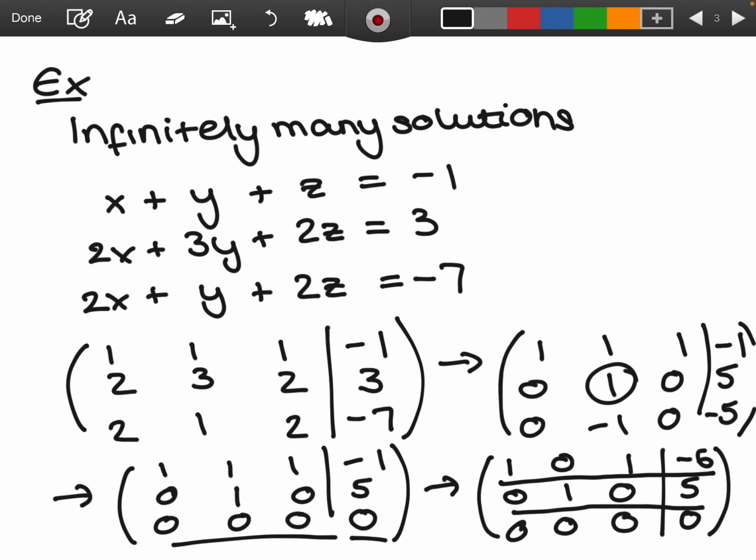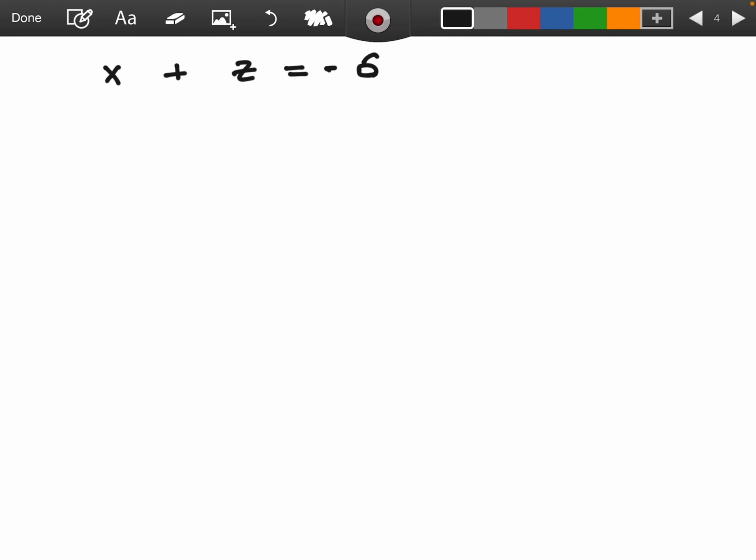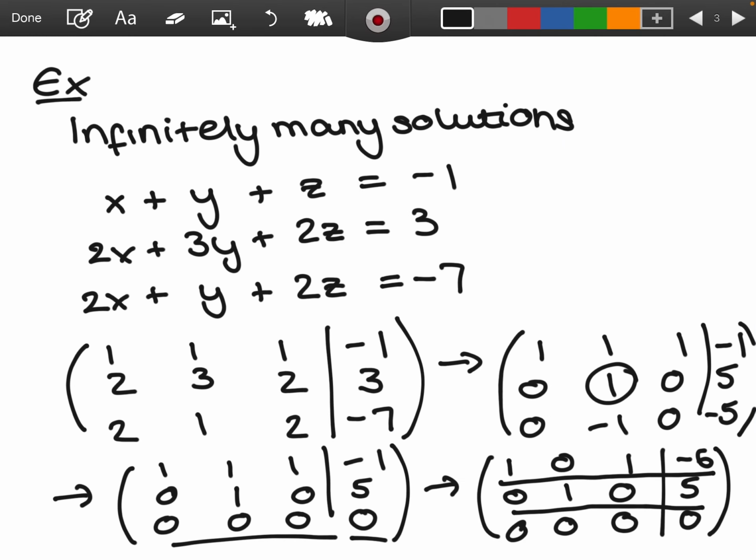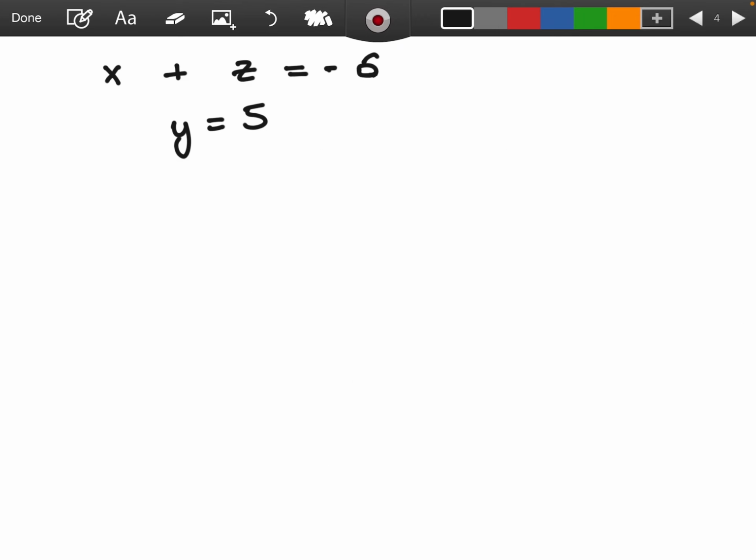From our second row, we would get that y is equal to 5. And we don't get any extra information from our third row because that just tells us 0 equals 0. We already know that, so we don't have any new information about our variables from our third row.